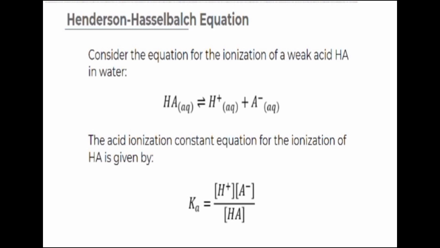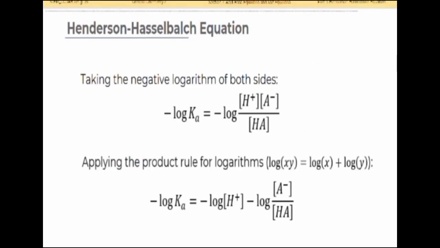Applying the product rule of logarithms, which states that the logarithm of xy equals logarithm of x plus logarithm of y, gives us negative logarithm of Ka equals negative logarithm of H positive concentration minus logarithm of A negative concentration divided by HA concentration.